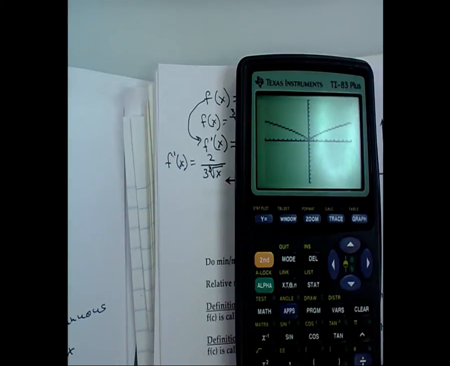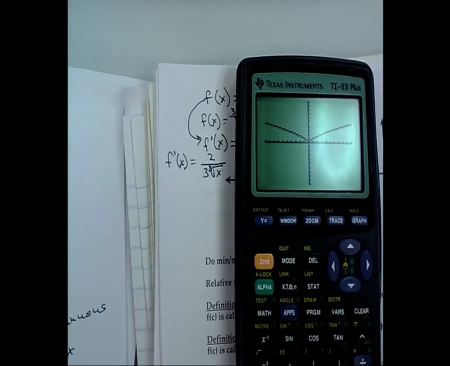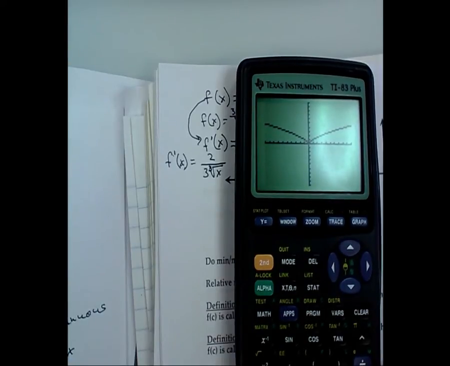There's 0, 0. It's a turning around point, correct? But it's a what kind of turning around point? It's a sharp one, right?